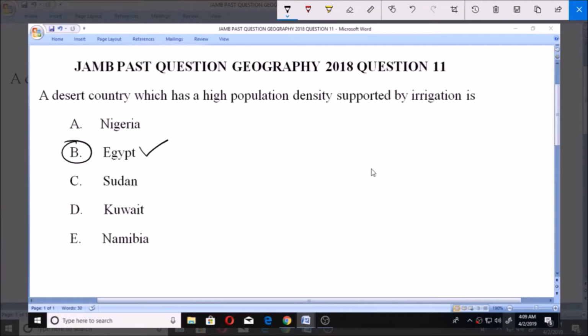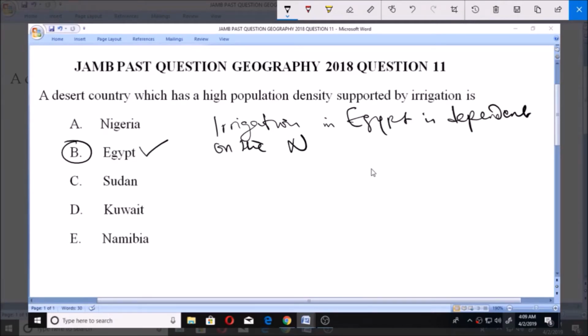To get this into context, we need to know that irrigation in Egypt is dependent on the River Nile. Whenever you hear about the River Nile, it's the famous river in Egypt, where the water for irrigation is drawn from.